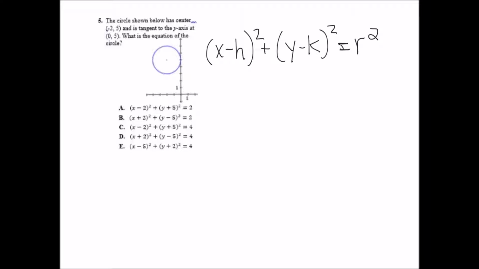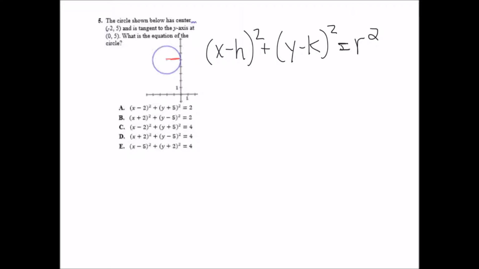If you also look at the picture, since the circle is tangent to the y-axis, then we can determine the radius. It's how far away is this center point from the y-axis, and that is actually -2 units away. Or that's 2 units away right there.